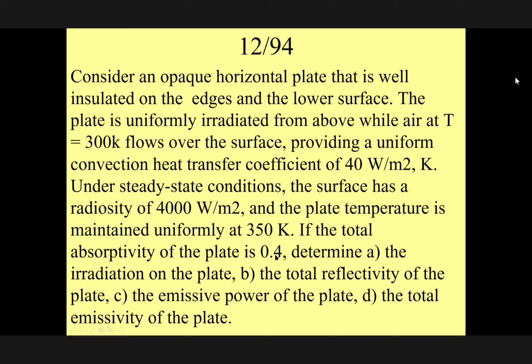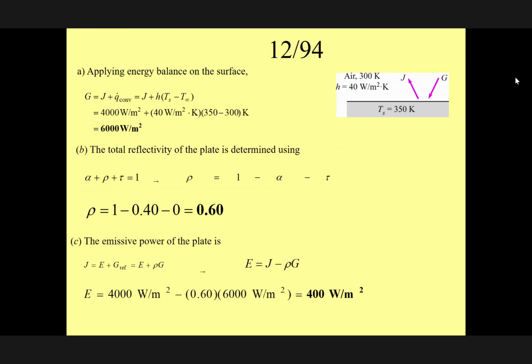We know absorptivity is 0.4. And we can write the equation alpha plus rho plus tau equals 1. Since it is opaque, transmissivity equals 0. That's exactly what we wrote here. The summation of these three has to be 1, because of the conservation of energy. We mentioned this is opaque, so tau equals 0. We know absorptivity, therefore we can calculate reflectivity.